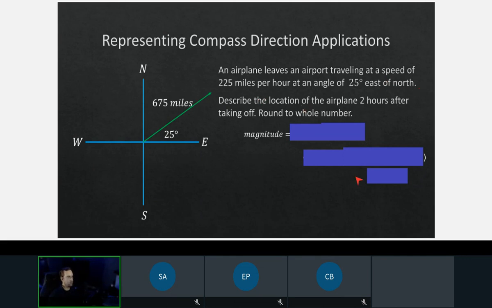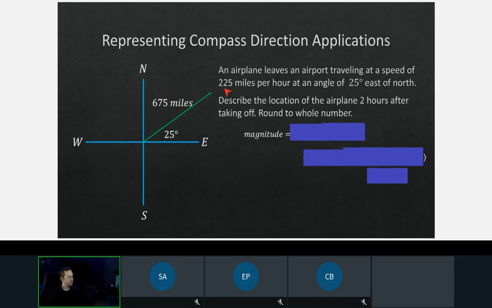Describe the location of the airplane 2 hours after taking off. This is assuming constant speed the entire duration from start to finish. So 2 hours, and we're moving at 225 miles per hour, so because it's 2 hours, we multiply.